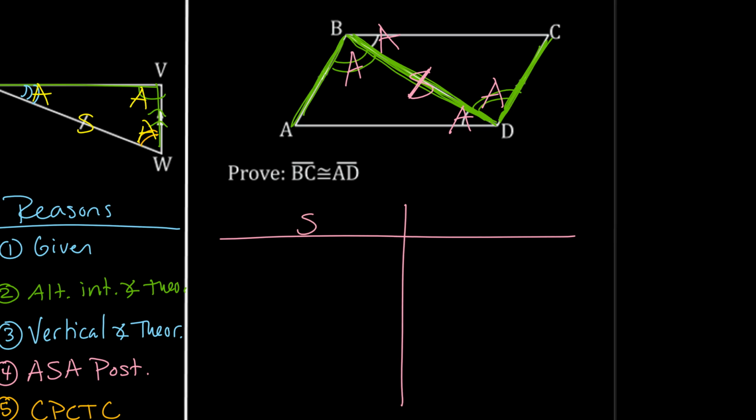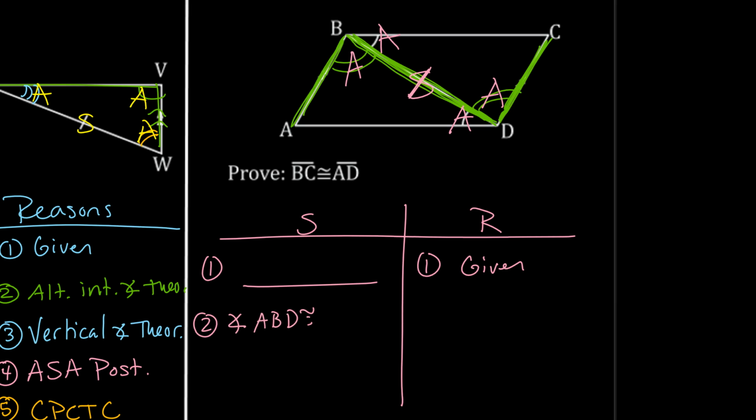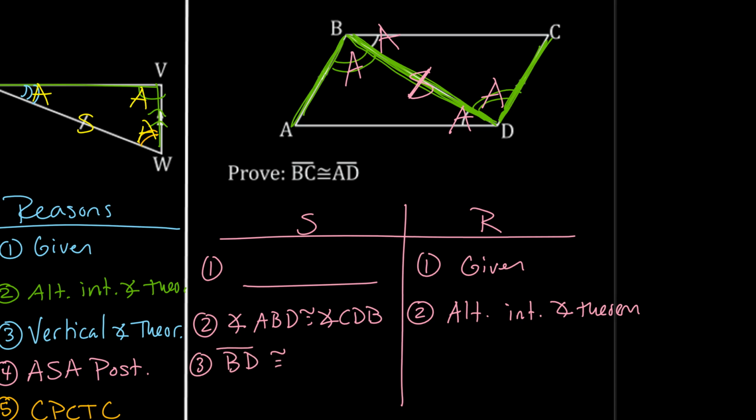So we have statements and reasons, and you guys all wrote the given, and we know it's true because it's given. Then we marked angle ABD congruent to angle CDB by alternate interior angle theorem. And then we marked the reflexive side BD congruent to itself, BD, because of the reflexive property.